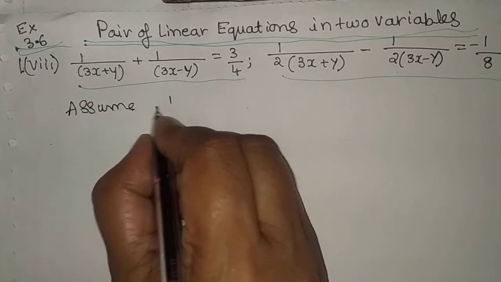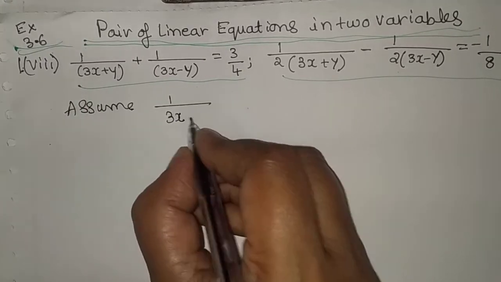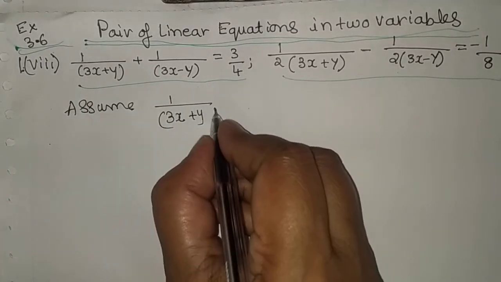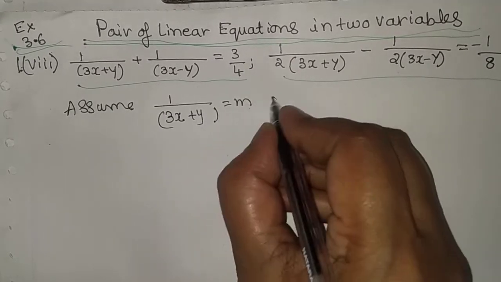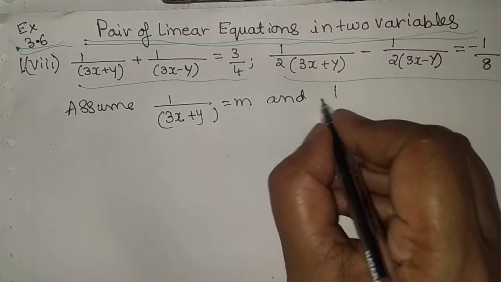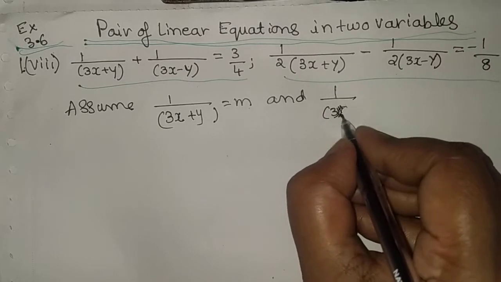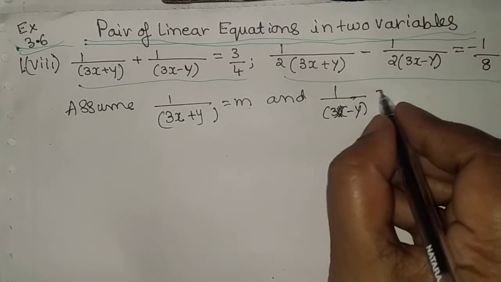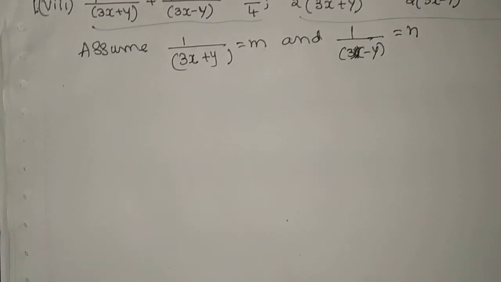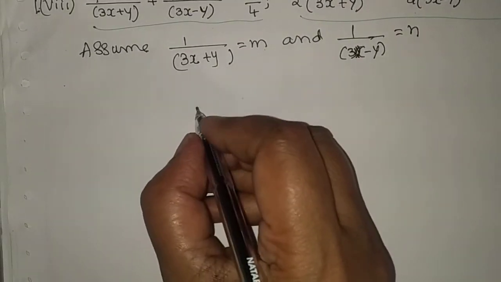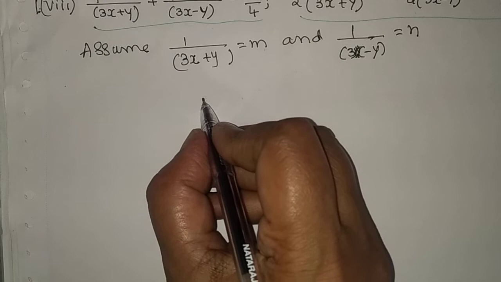Assume 1 by 3x plus y is equal to m, and 1 by 3x minus y is equal to n. So now we have to substitute in the above equation. So what happens?